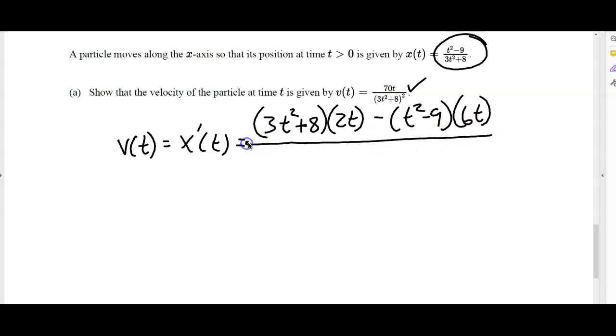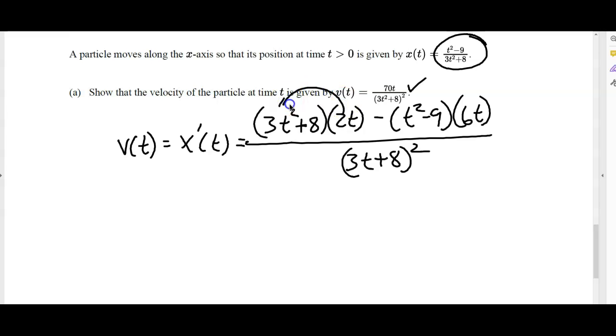We draw a line. We square below. So, as you can see, my bottom looks good. They match. This matches this, but the tops don't match yet, right? So we need to simplify this up here in order to get this to work.